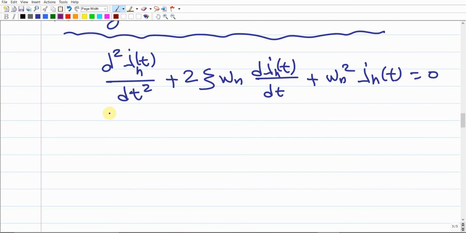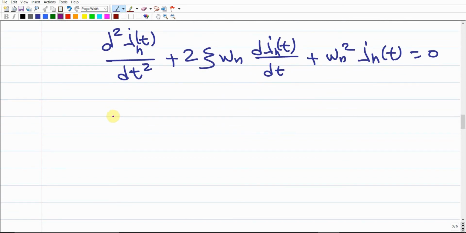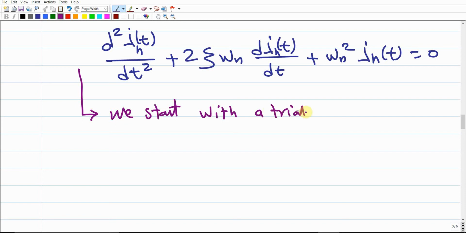To solve this one, we have to assume a trial function. I won't go deeply through the mathematical details because it would take time, but I'm going to give you the idea very quickly. Usually to solve this second order ODE, we start with a trial function for the homogeneous current.